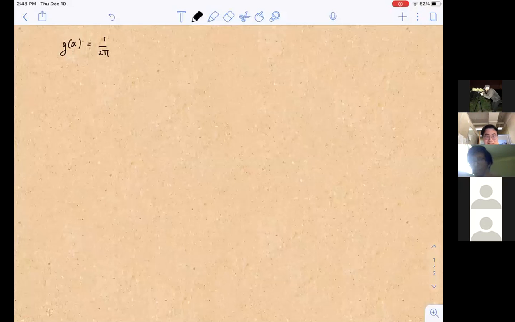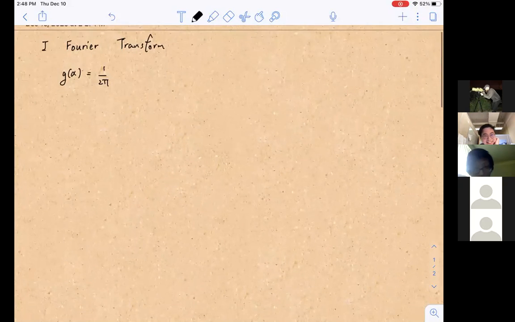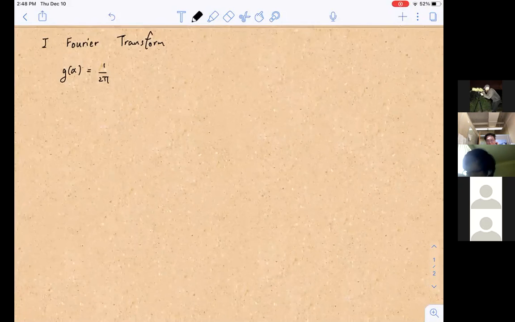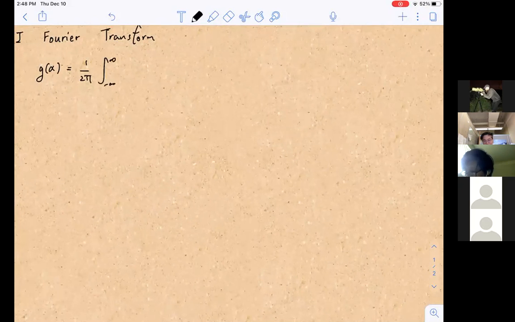Okay, all right. Yeah, we can see it now. So the Fourier transform is 1 over 2 pi integration from negative infinity to infinity f of x e to the negative I alpha x dx.